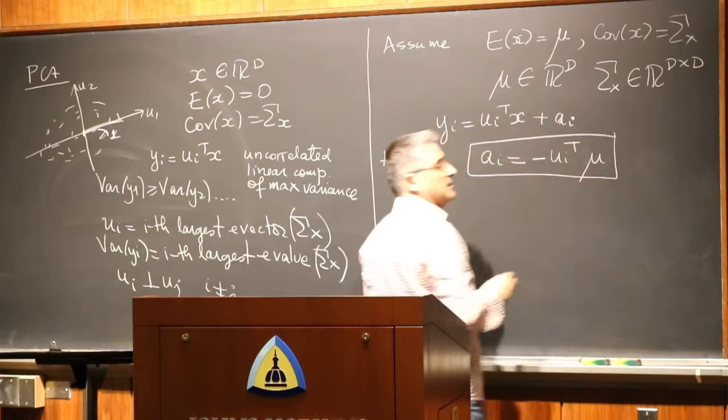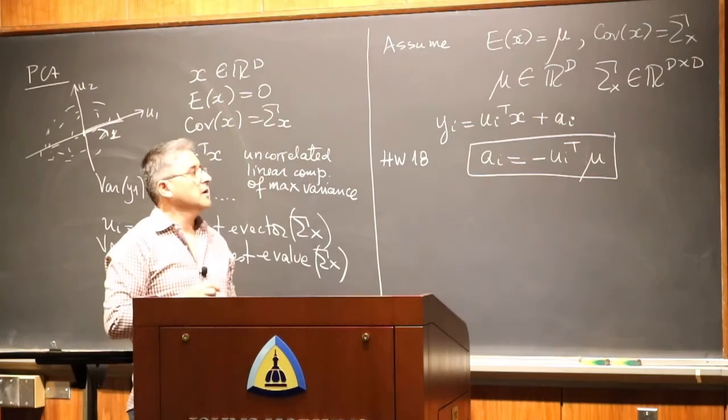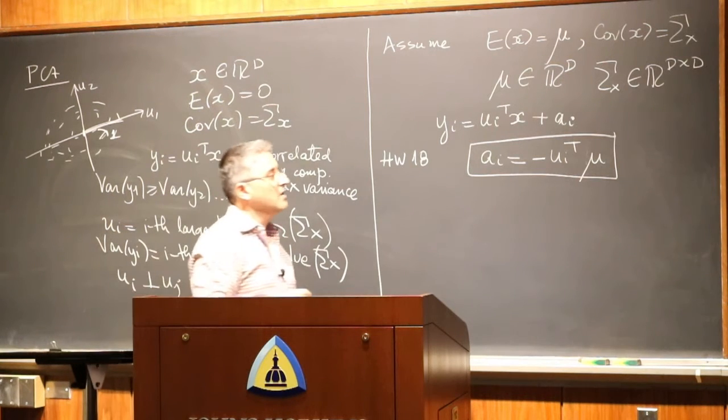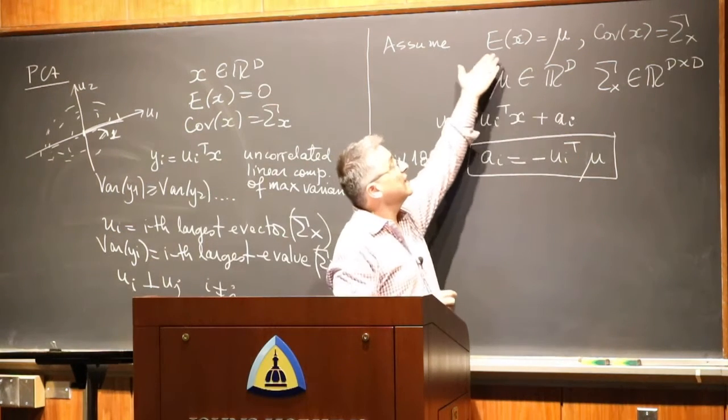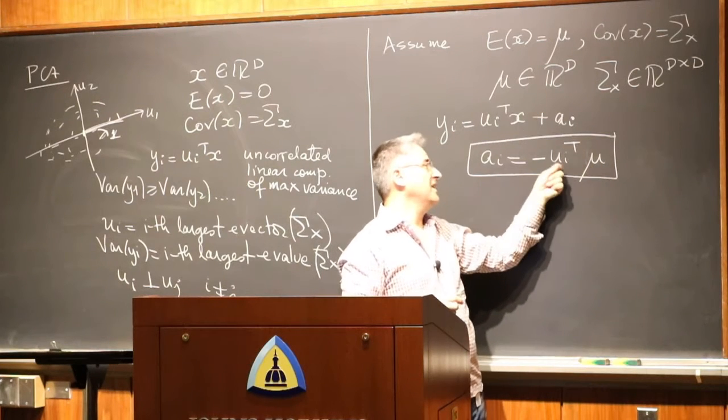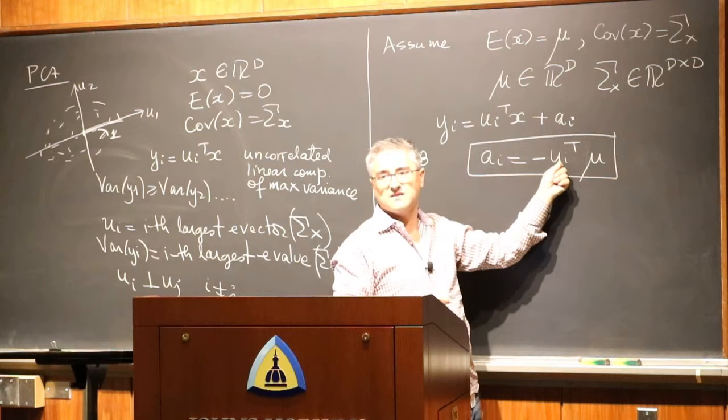You are going to prove that in the homework. Does that help? Is that really a solution? Not entirely, because supposedly the starting point is that I know the mean and I know the covariance, so I know mu, but I don't know u sub i yet.